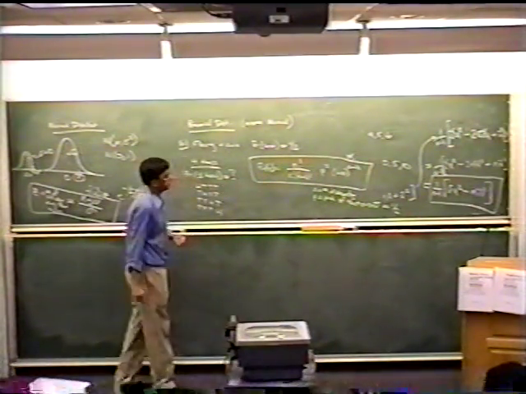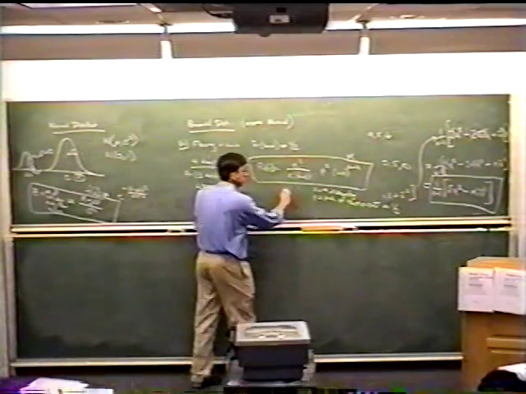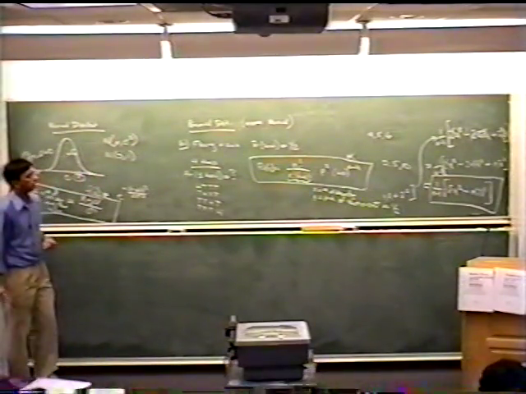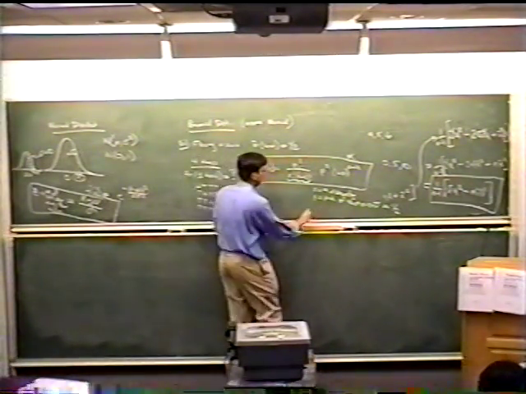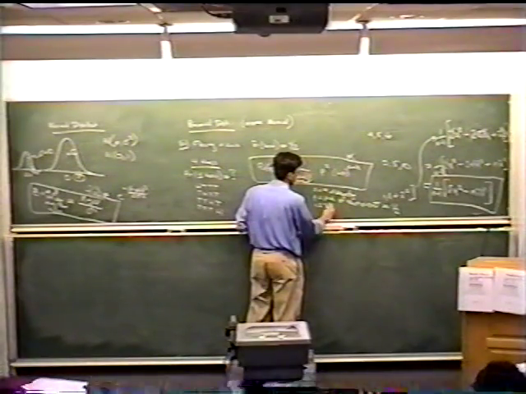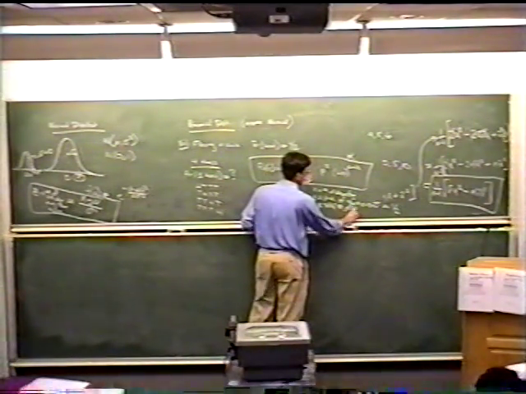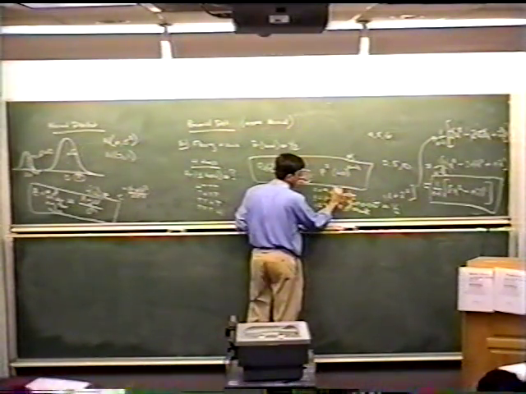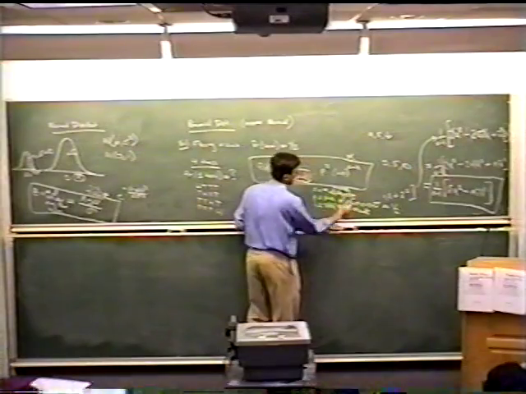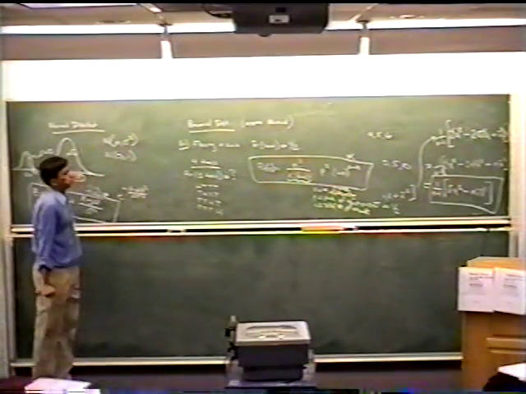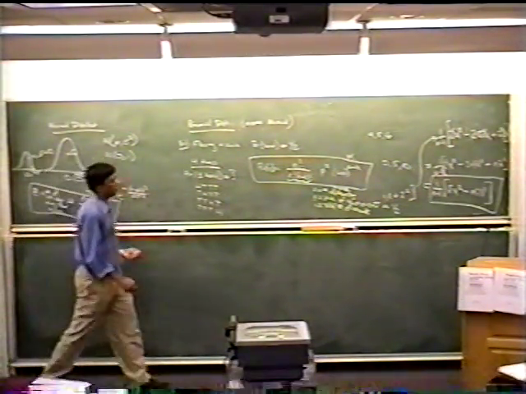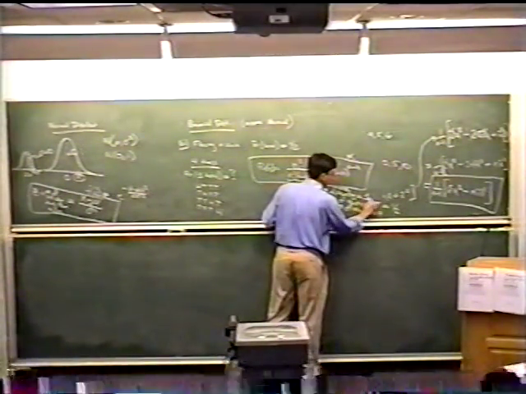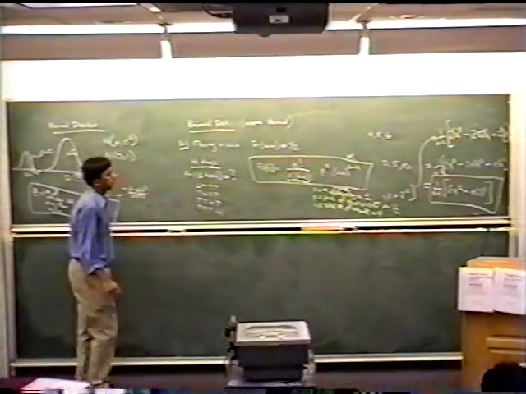N is the total number of events, and that's 4. So x is the number of positive events, or whatever you want to call it. In this case, we're only interested in 1 head, so that's what x is equal to.